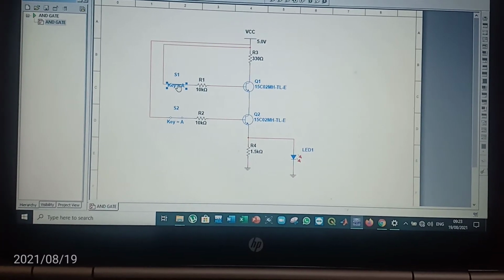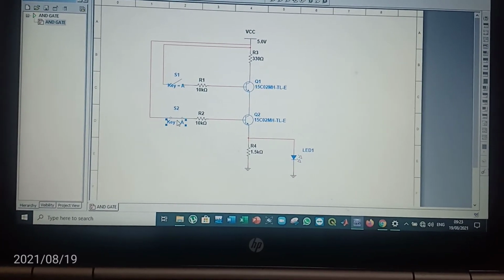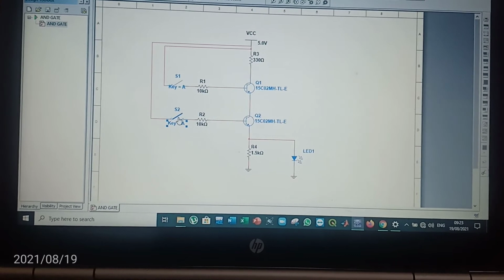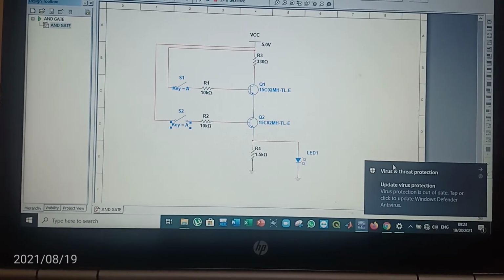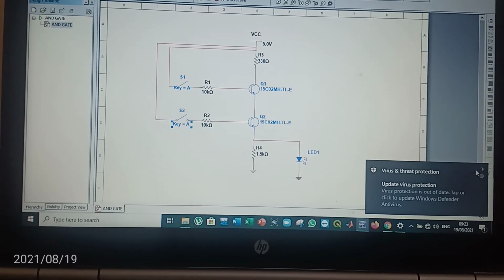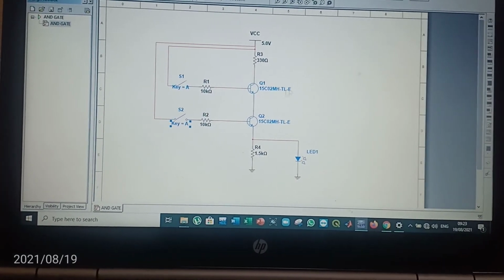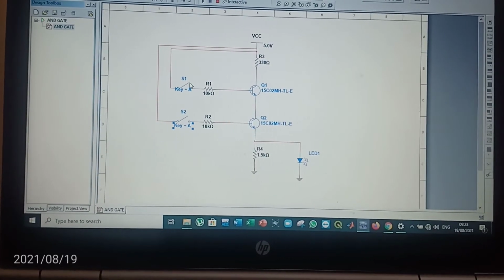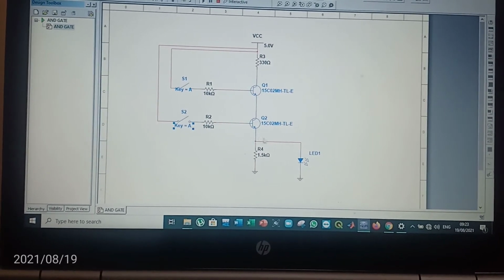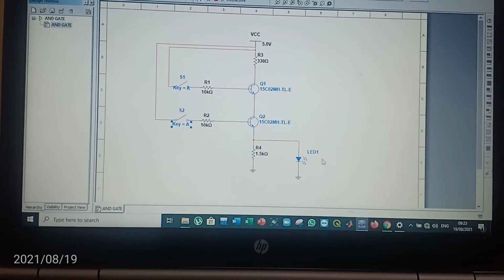Remember, we said for the AND gate, for us to have the output as 1, both the inputs must be a 1. Hope you get that. Then when you look at this, when the inputs are both zeros, we have no light here. This is the red LED here.